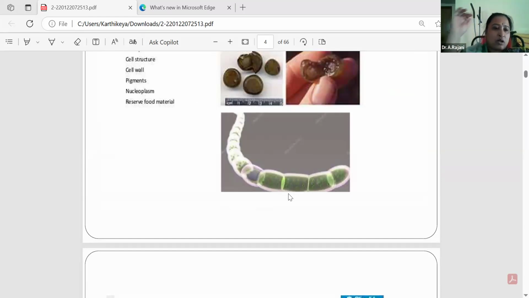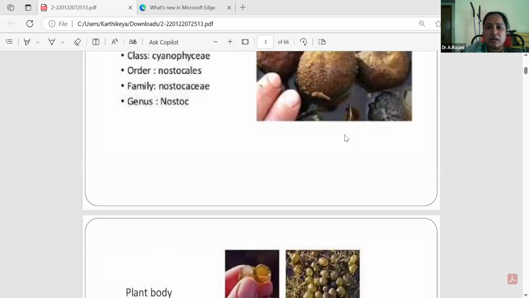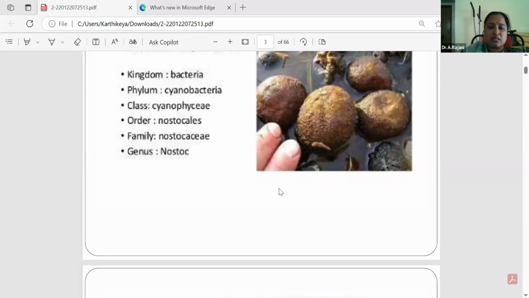Each and every colony contains thousands of straight or twisted filaments. See, you can't see it in just the ball-like structure; it is just one bunch-like structure, no? In this, there are many colonies. Each colony contains thousands of straight or twisted filaments, or trichomes.